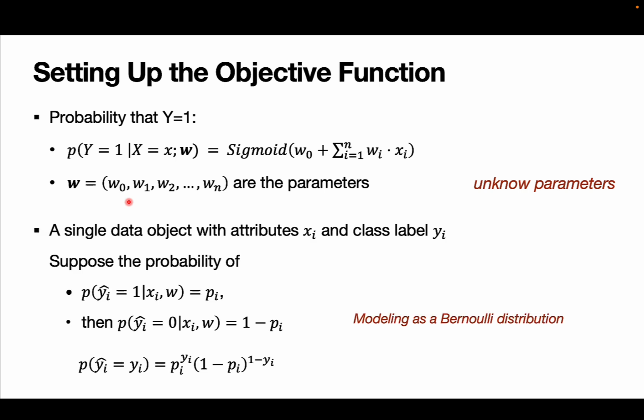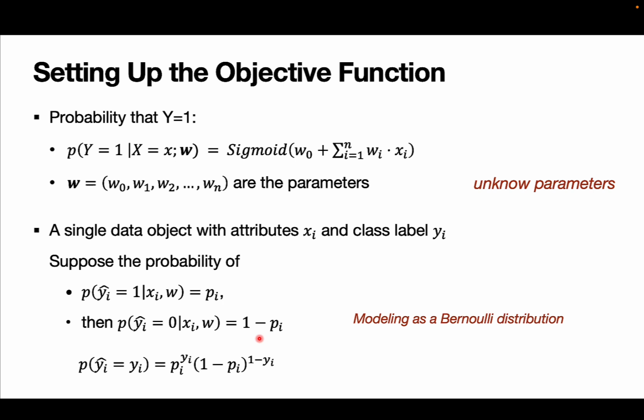Next, let's consider a single data point with features xi and a class label yi. This means that the probability of being 1 is p of i, and the probability of being 0 is 1 minus p of i. This follows a Bernoulli distribution, which is commonly used in binary classification tasks.